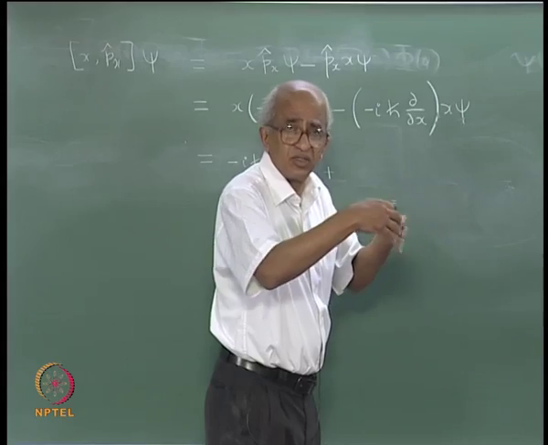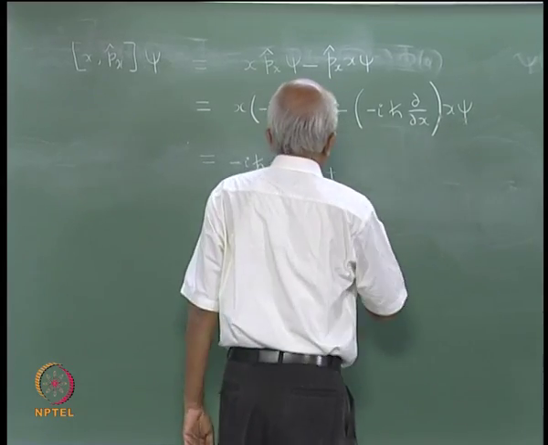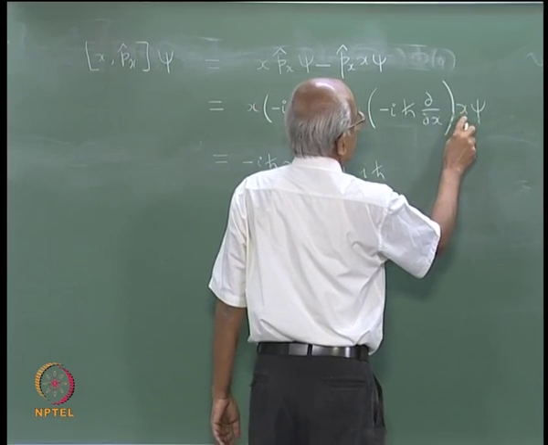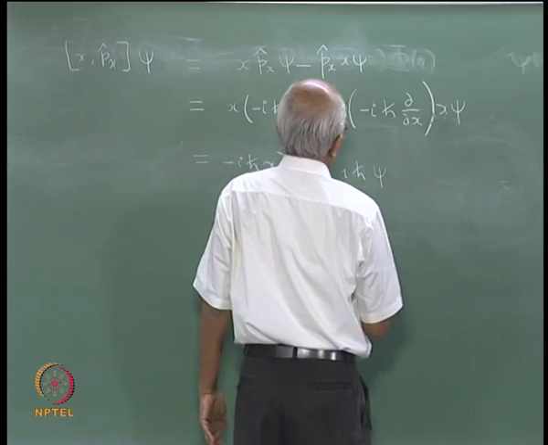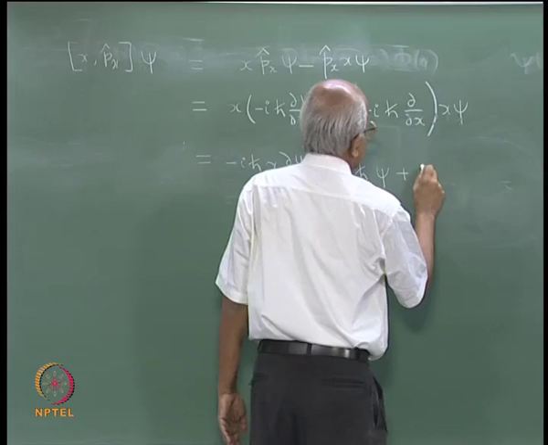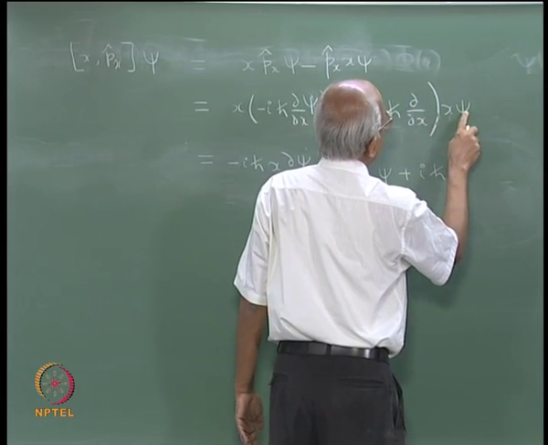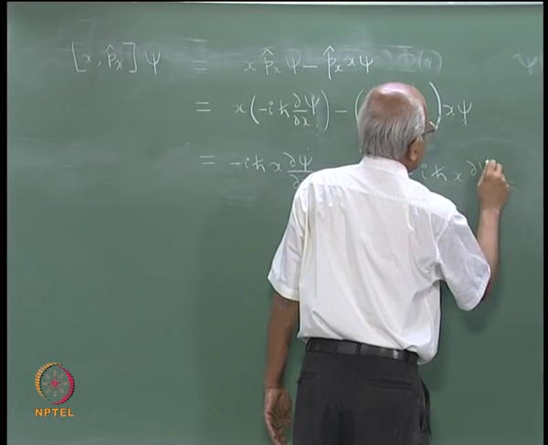Naturally you are going to get the following. You are going to get plus I h cross dou by dou x will operate upon x. So, the answer will be just psi, and you will have plus I h cross dou by dou x will operate upon psi, and the answer will be x into dou psi by dou x.